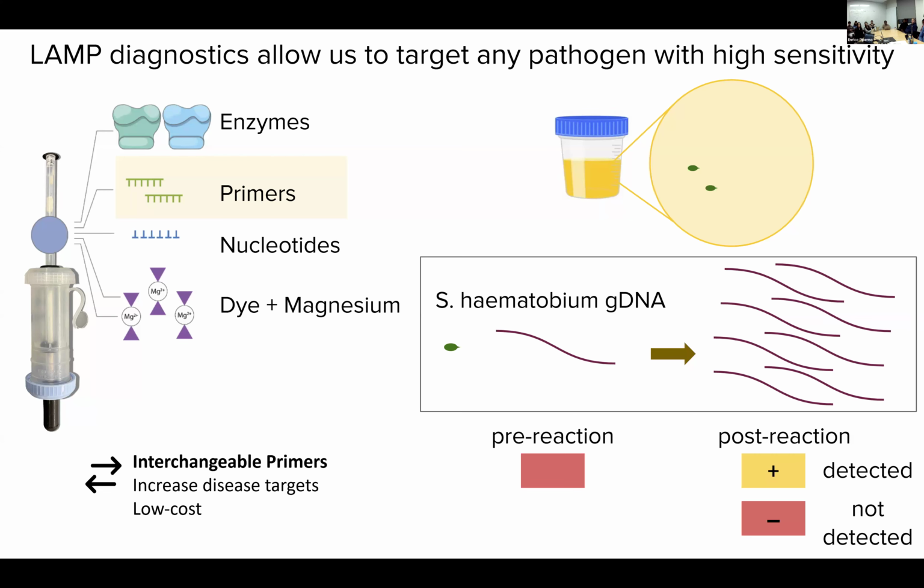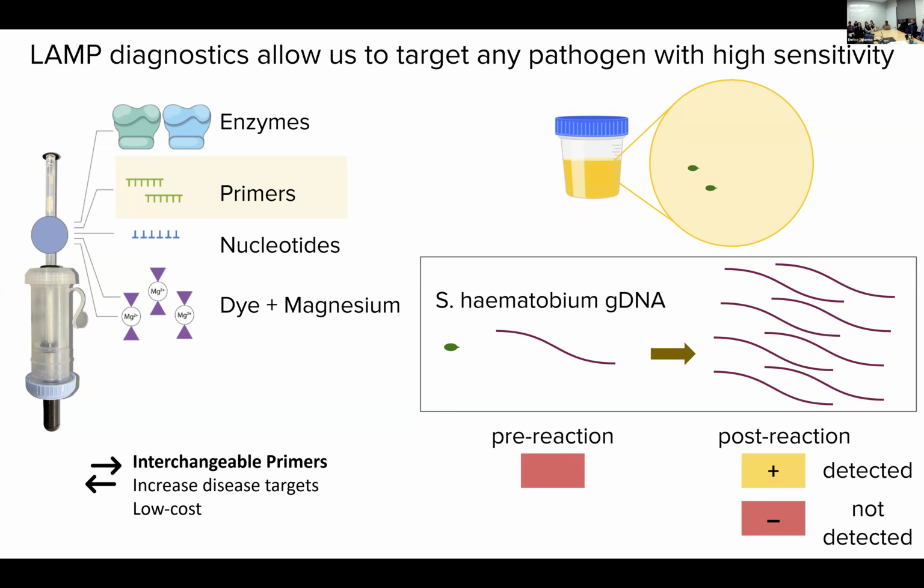Yes, zinc is sequestered. Great question. Zinc is sequestered because when you're synthesizing DNA, you produce a negatively charged byproduct, and the zinc and the negatively charged byproduct form an ionic bond and are pulled out.